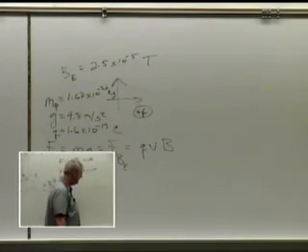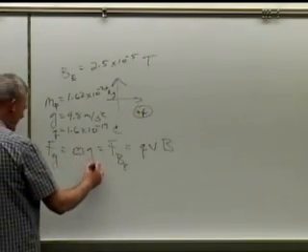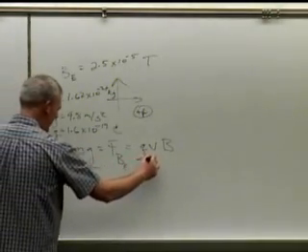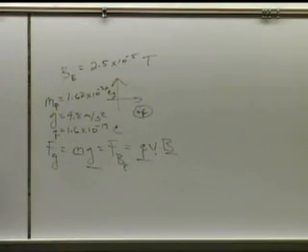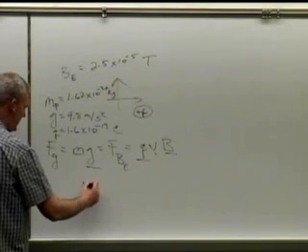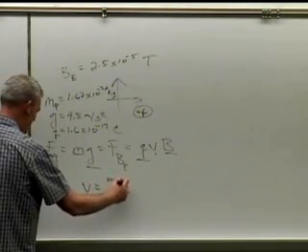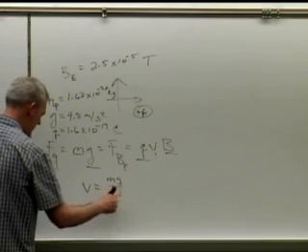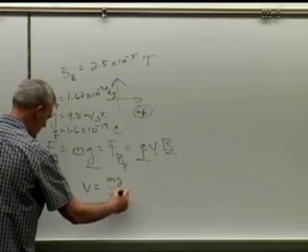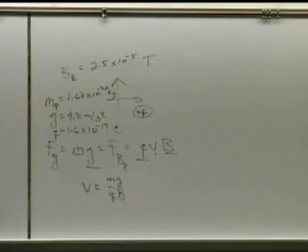I've got everything I need. I've got this, this, this, this. The only thing I'm missing is V. So V is equal to mg over QB. There we go.